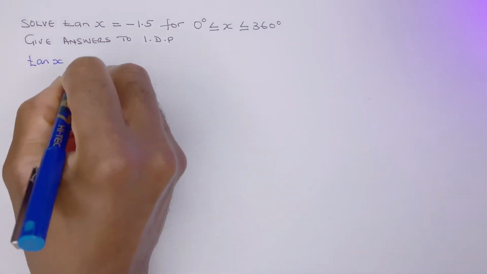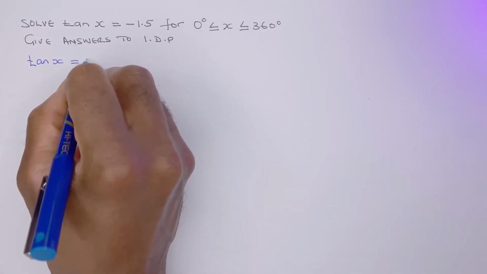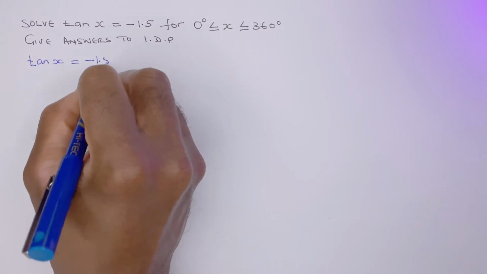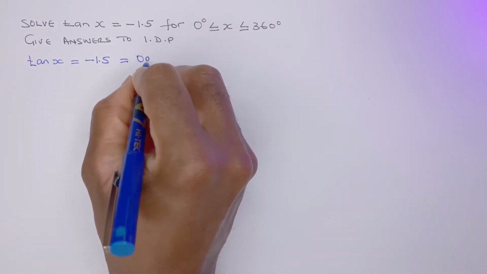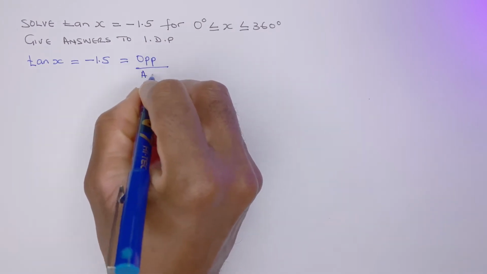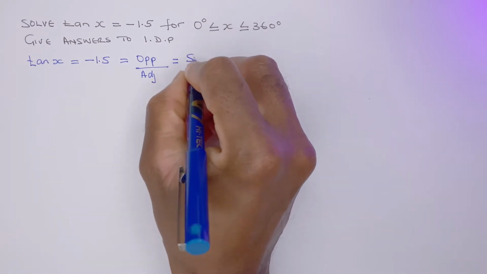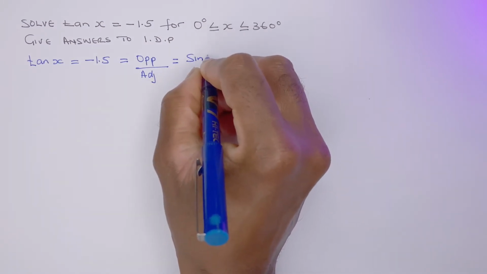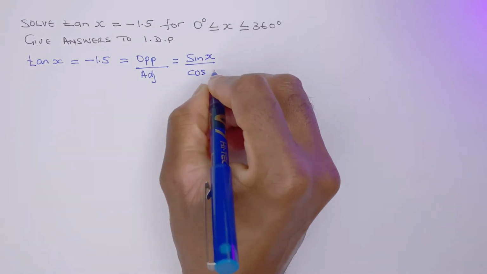tan of x equals minus 1.5, but tan is also opposite over adjacent. And sometimes it's also called sine of x over cos of x.